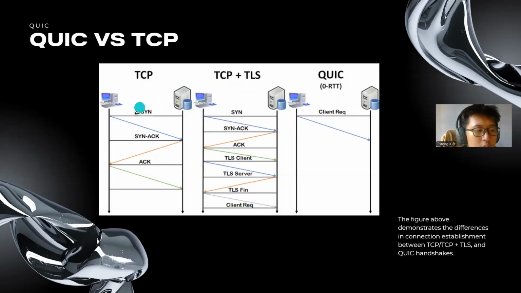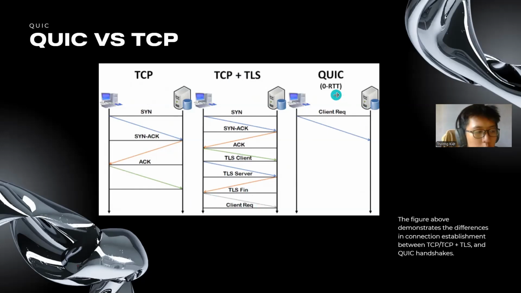In TCP, a three-way handshake is required before any data can be transmitted. This involves the SYN, SYN-ACK, and ACK packets, which already introduce latency. When TLS is added, an additional handshake is required for encryption, further increasing the delay. As you can see, we also have the TLS client hello, TLS server hello, and the HTTP request.